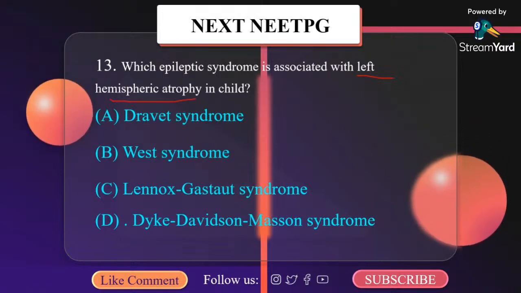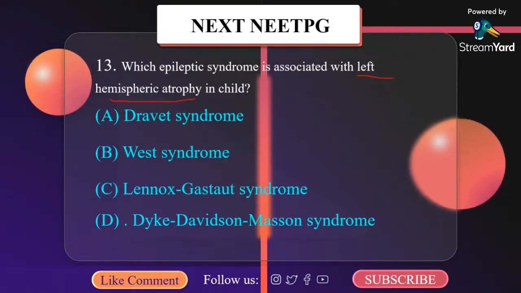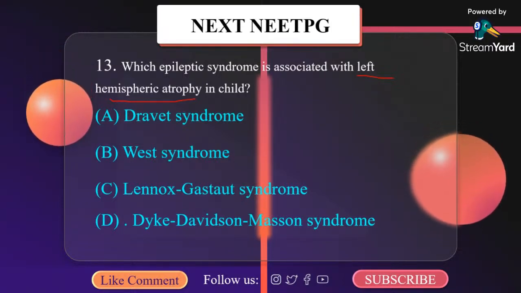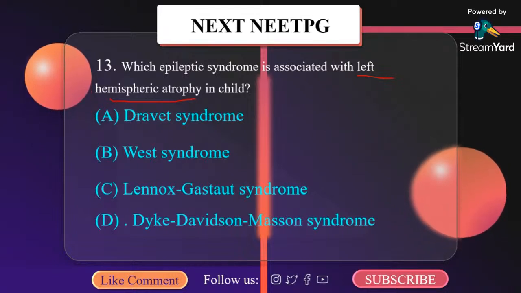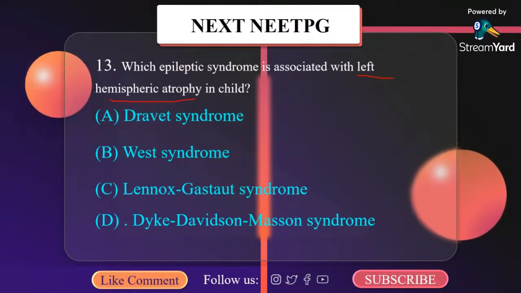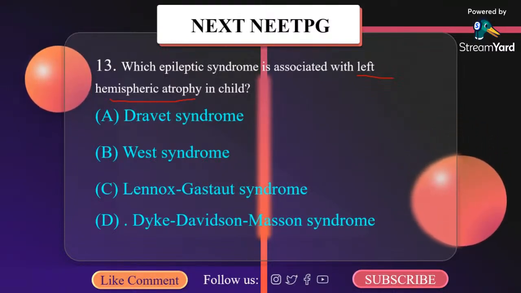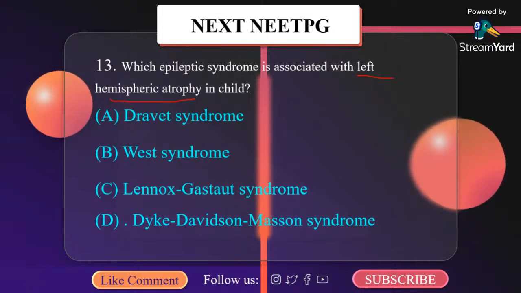That insult could be vascular, congenital, or an acquired ischemic disease. It could be trauma or inflammation. In utero gestational vascular occlusion involving the middle cerebral vascular territory or coarctation of the mid-aortic arch may decrease the carotid arterial flow. So the correct answer here is Dyke-Davidson-Masson syndrome.